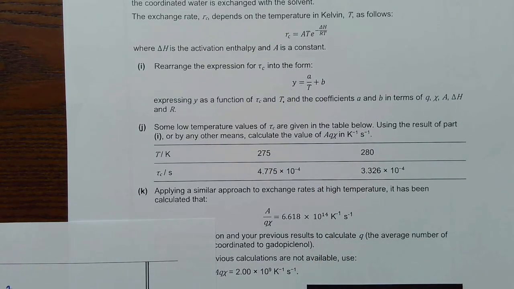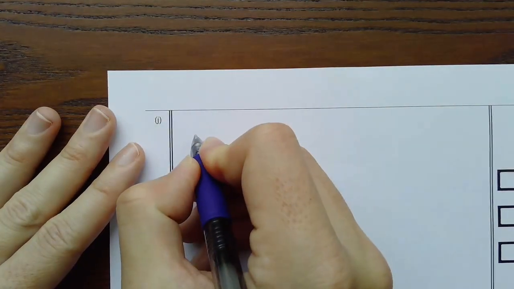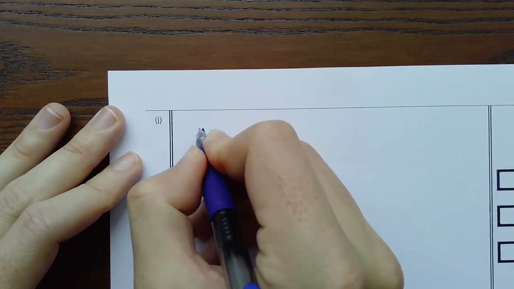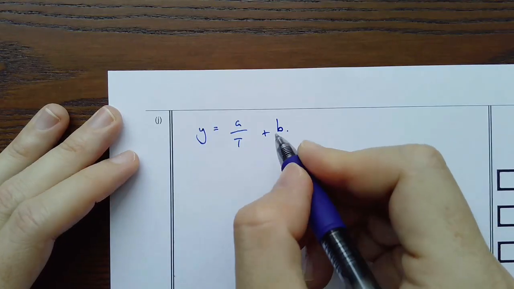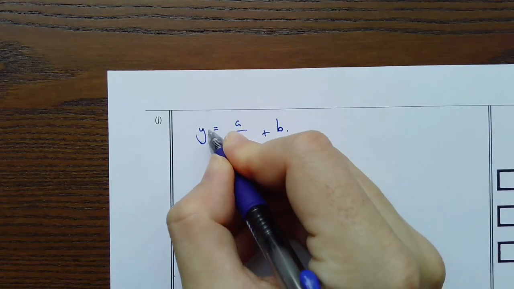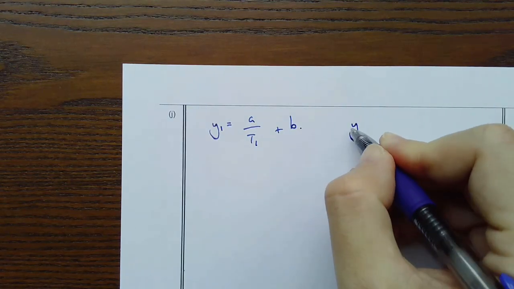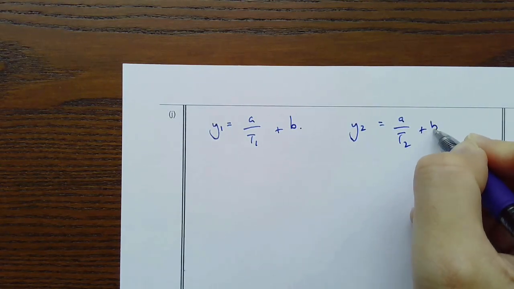Alright, so just like you would with the Arrhenius equation, you're going to have y equals a over T plus b. Now a and b don't change with temperature, so if I have T1 I can have Y1, and Y2 is going to come at T2.